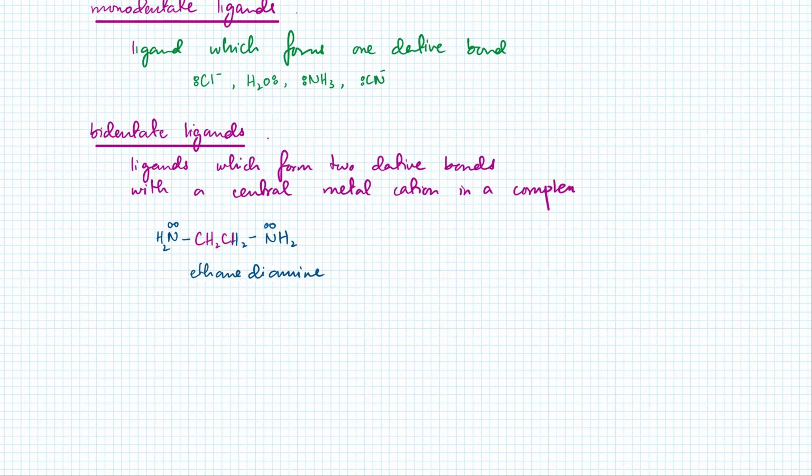The other one is ethane dioic acid, or the ion, with O minus one. This is double-bonded O and O. So that's your ethane dioate ion. ठीक है. So these two ligands form two dative bonds, and I'm going to show you how.